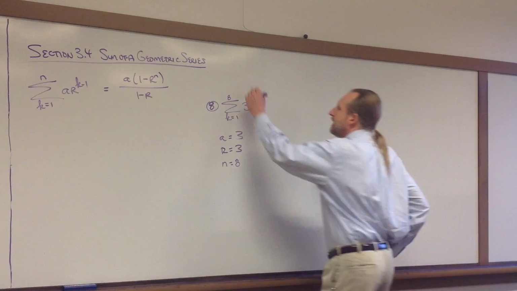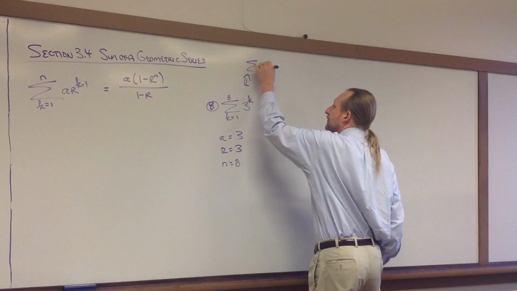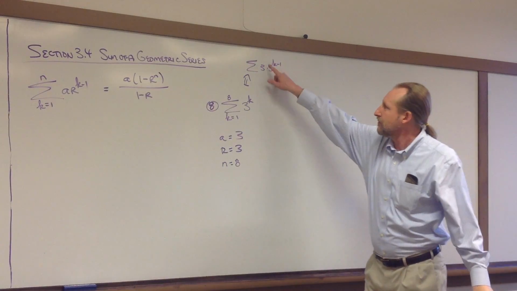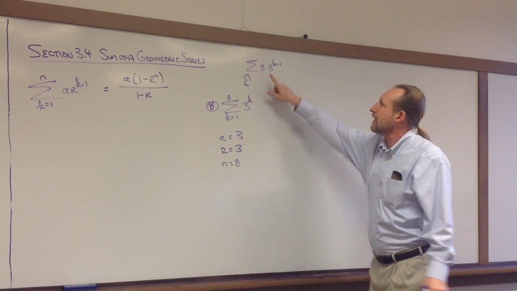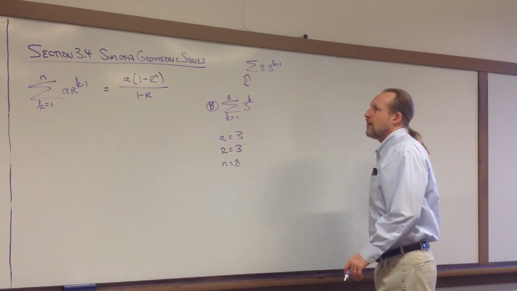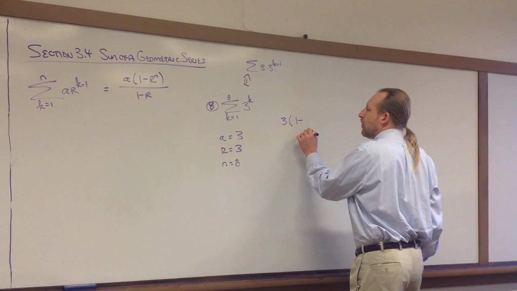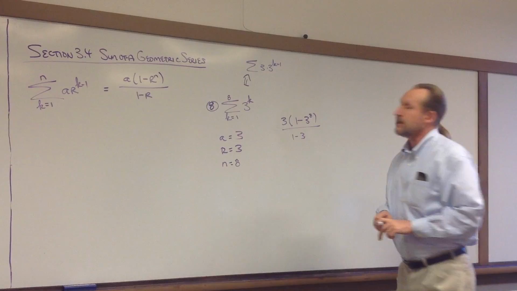And you could rewrite this, right, as 3 times 3 to the k minus 1, right? Because if you multiply these two together, that would give you 3 to the k power. So now there's your A, there's your R, and there's our N. Okay, so this will be 3 times 1 minus 3 to the 8th power over 1 minus 3.